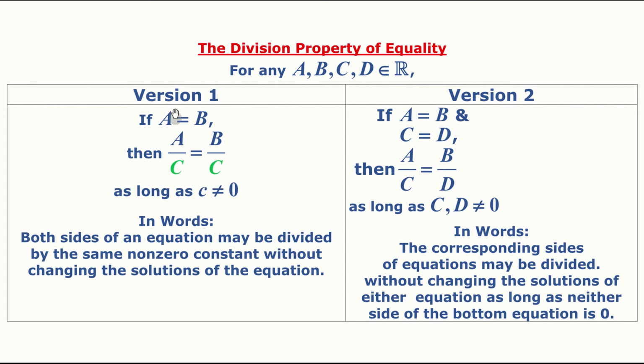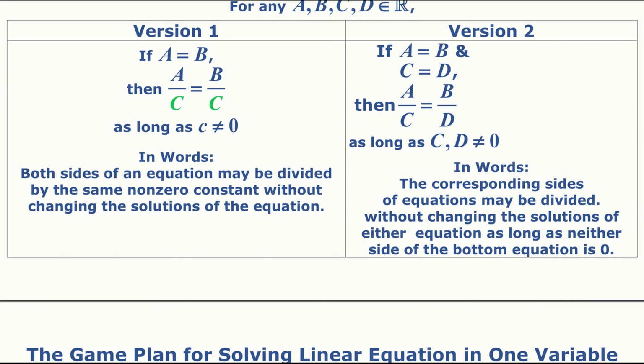You can divide both sides of an equation by the same constant. However, because you're dividing, you need the caveat that c should not be 0. And the same goes here. You can go ahead and divide, but again, notice that we should specify that neither side of the second equation should be 0 for this property to hold.